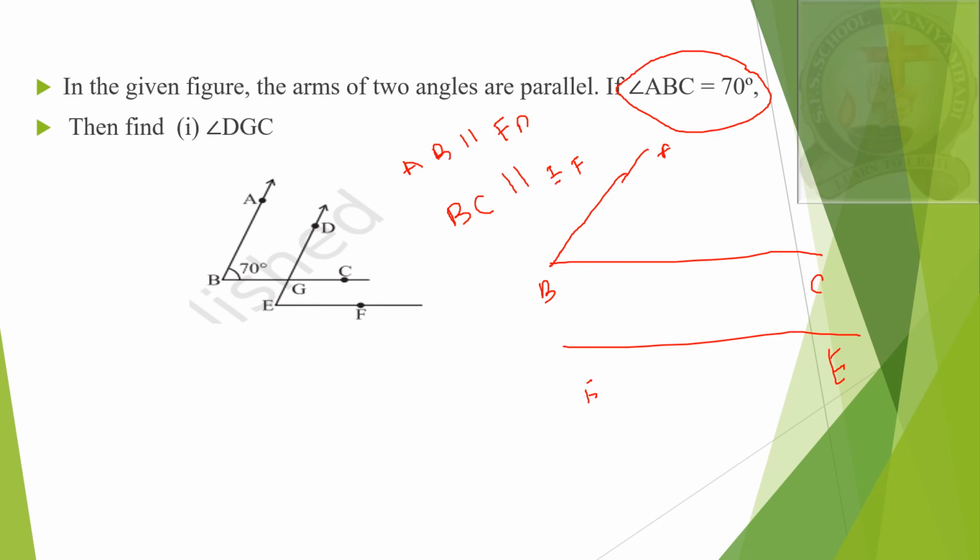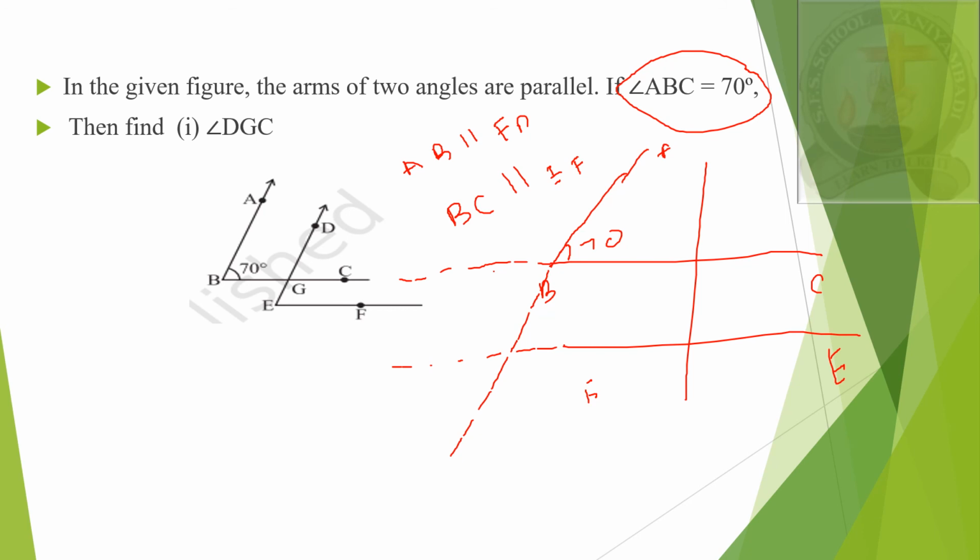Or you can extend these lines; since they are rays, you can extend them in both directions. Now you know this angle is 70 degrees, and what about the angle DGE? That is the angle they asked about here.